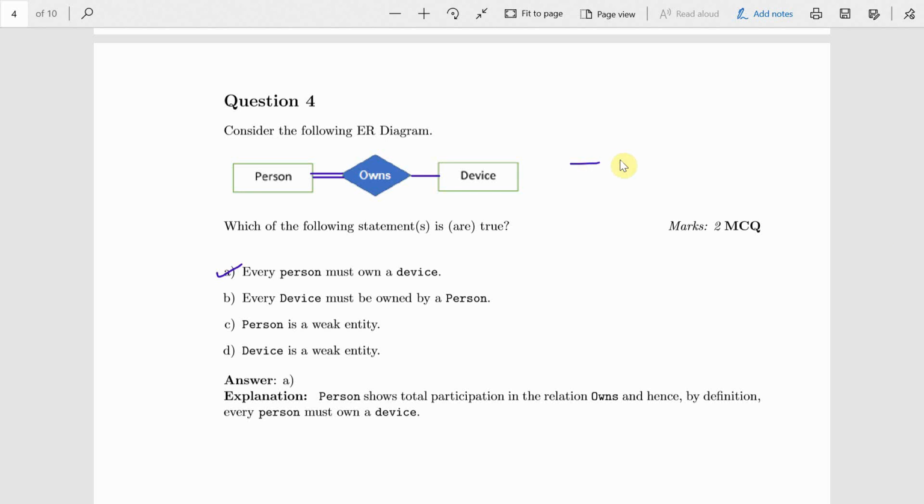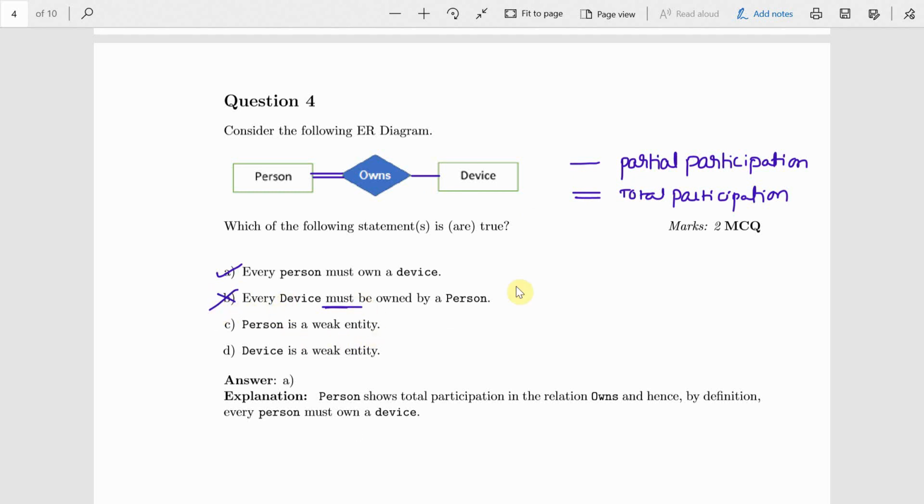Here I am writing a single line for partial participation, meaning an entity set may or may not participate in the relationship. And a double line we use for total participation. Because option B says must be owned, and must indicates total participation, but here is a single line. A single line says partial participation. So option B is incorrect.